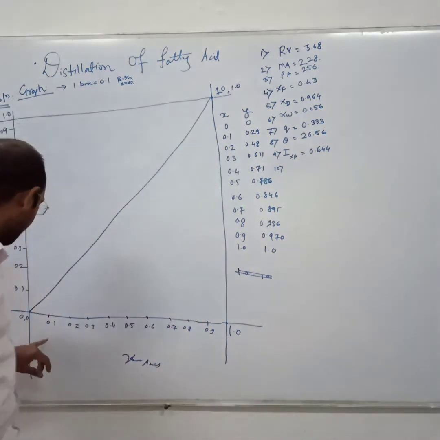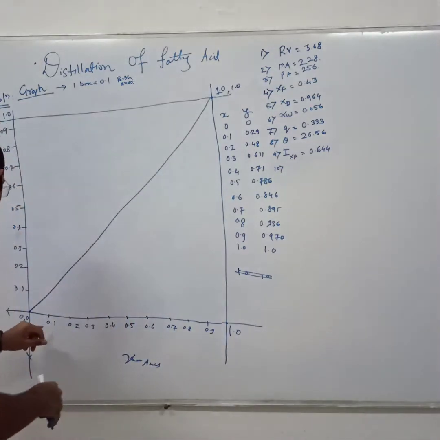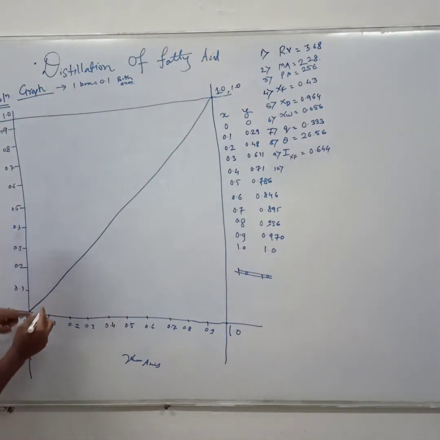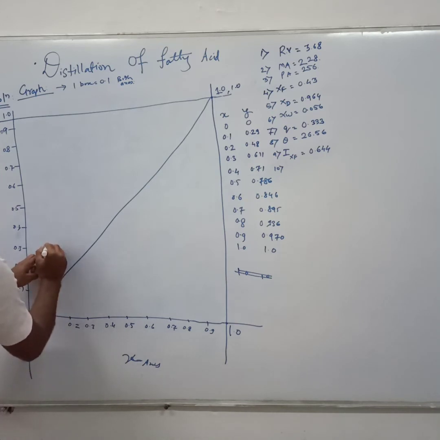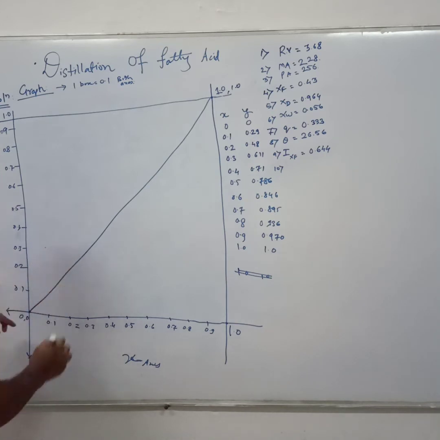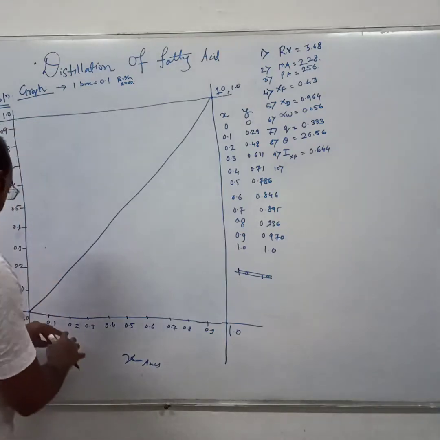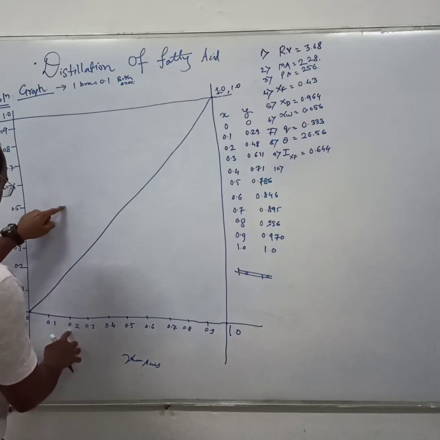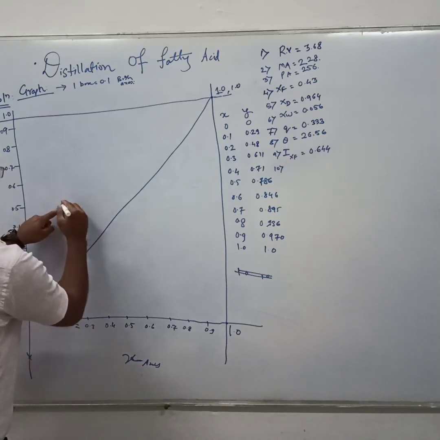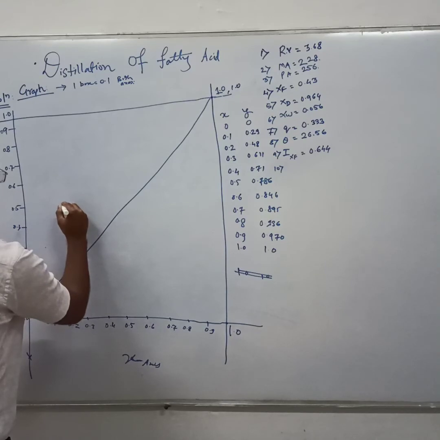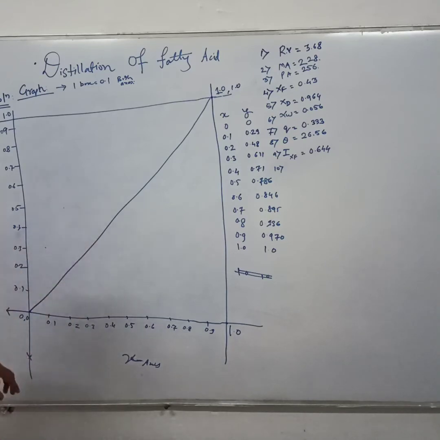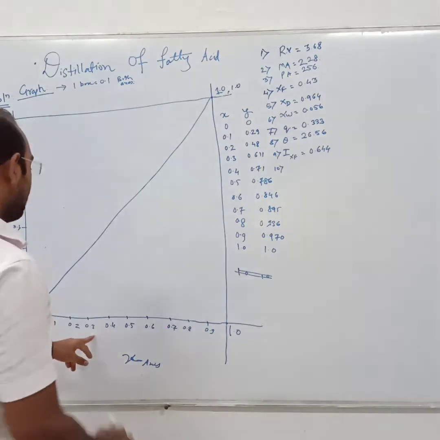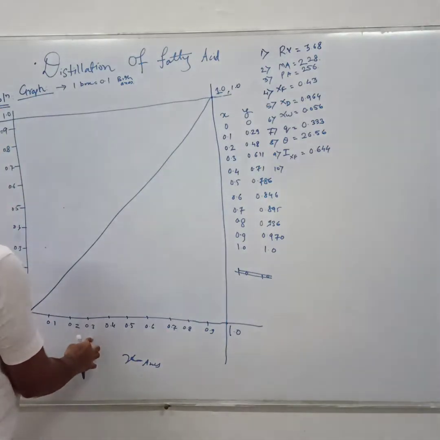So when x equals 0.1, y equals 0.29. 0.29 means approximately nearer to 0.3. This is our first point. For 0.2, it is 0.48, which is near to 0.5. This is our second point. Point 3 is 0.611, which means 0.6 and just slightly above.